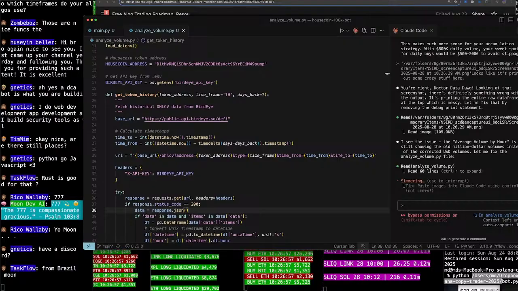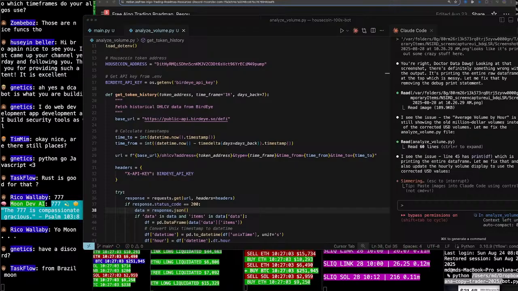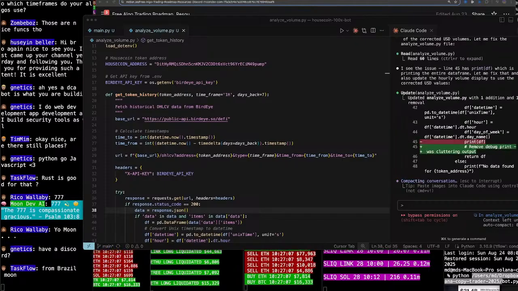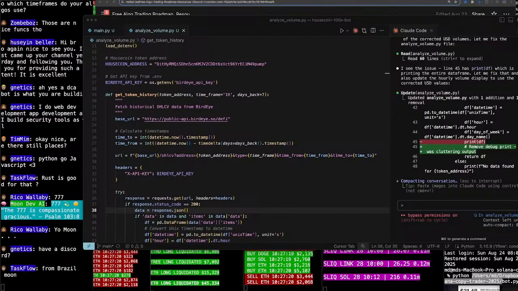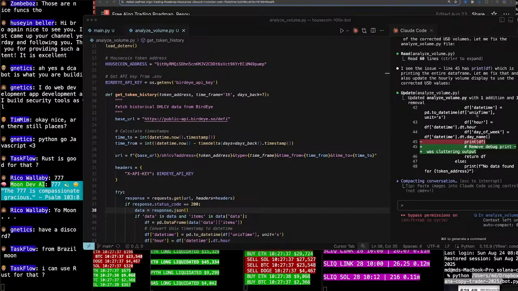Let me fix that by removing the debug print steps. Compacting conversation.